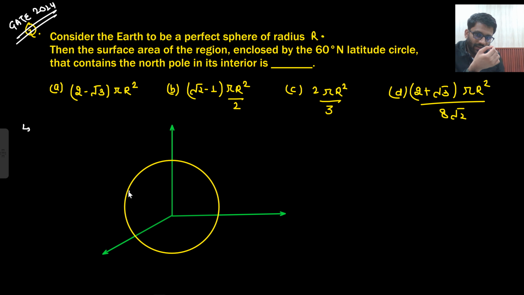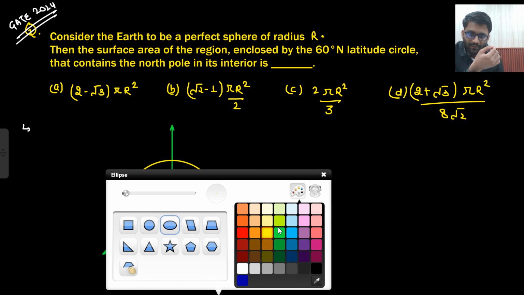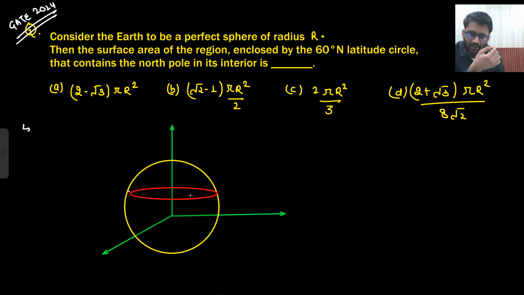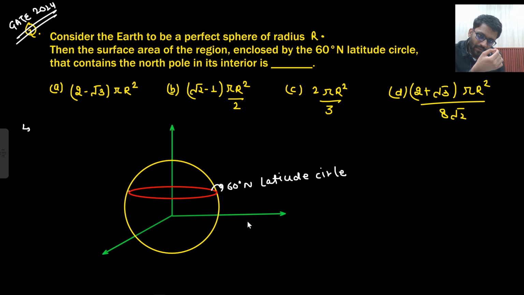Somewhere there is 60 degrees. This is your 60 degrees north, the 60 degree north latitude circle. So this much area I need to find.